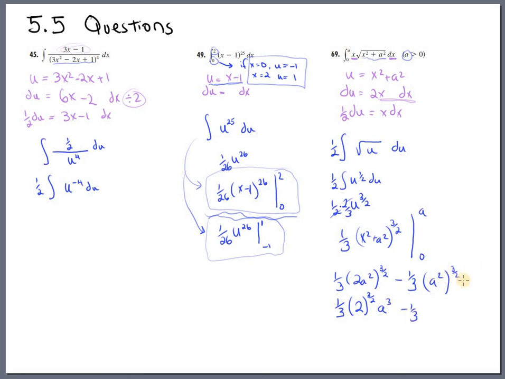Power raised to power, multiply the powers, 2's cancel. So probably either, certainly on a test, either of those last 2 lines I would consider to be fine. Both of them you've evaluated the integral, right? You've plugged in a, you've plugged in 0. I don't know that the bottom line's much simpler than the top line, so either one would be fine.